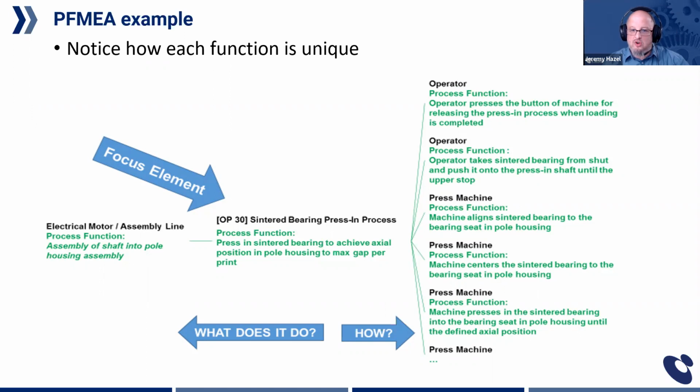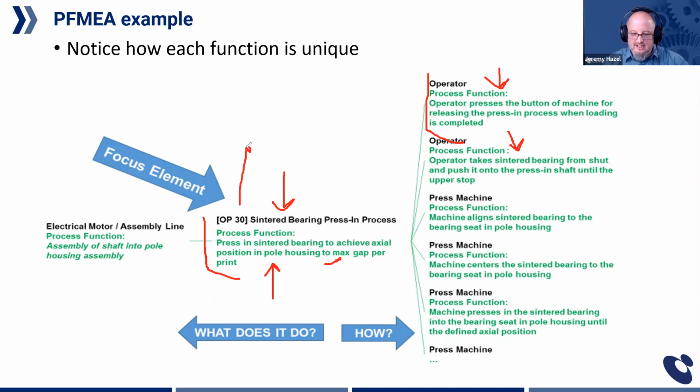Now, let's take a look at this. If I am trying to get to a max gap, can I task the operator with that? No. The operator can only push the start button. The operator can only load the part. So I have to task the right structural unit with the right function.